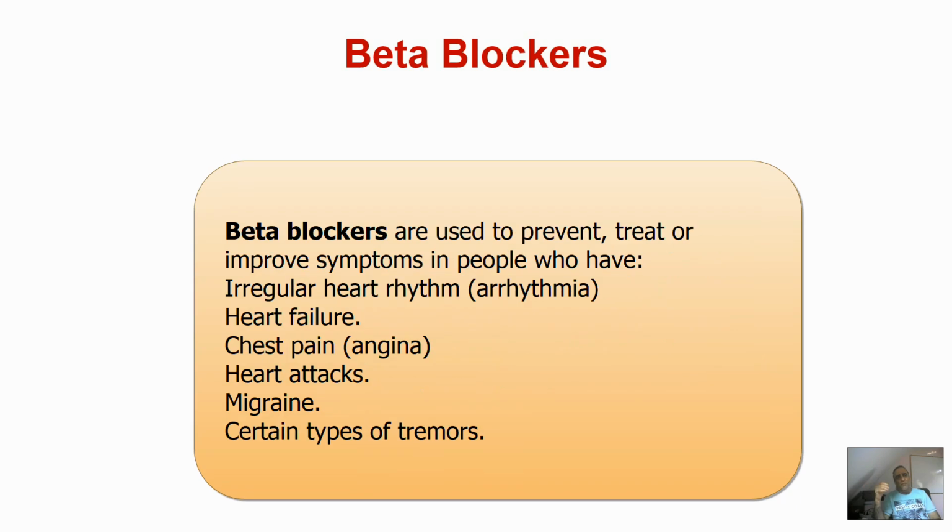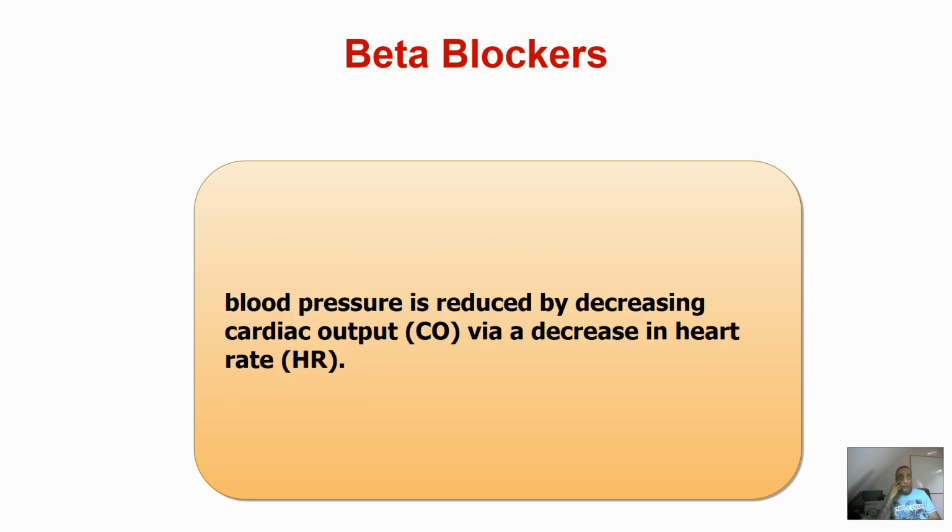When we take beta blockers, the heartbeat decreases and the contraction force of the heart also decreases. This decreases the blood pressure, because blood pressure is controlled by cardiac output and heart rate.